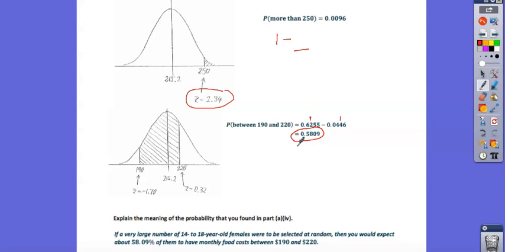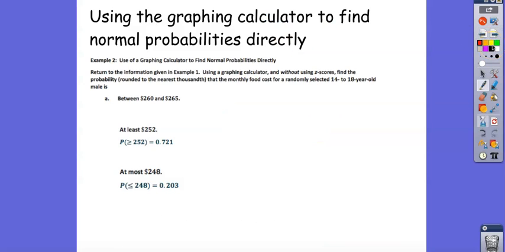So I went kind of fast over that one because it's identical. Some people weren't able to get to that last example on the previous lesson, so I skipped through that one pretty fast because the first two examples are very similar.